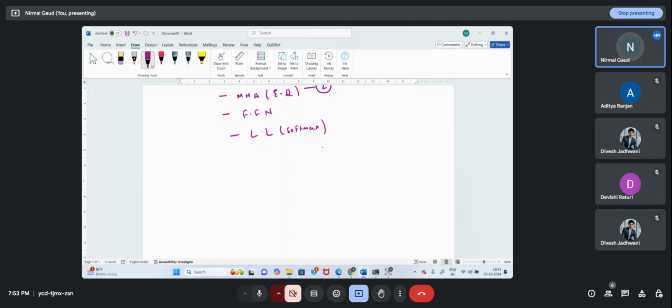However, in general we say that the decoder does not know the output sequence in advance while making a prediction. Just note this line: the decoder does not have the output sequence in advance, what it needs to predict, what to produce.